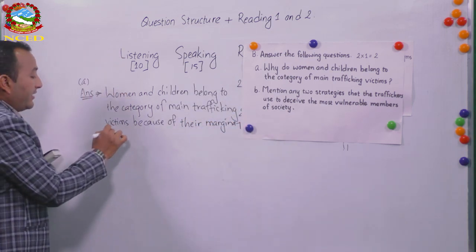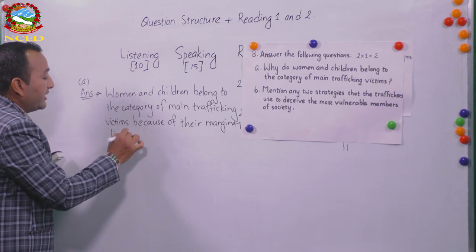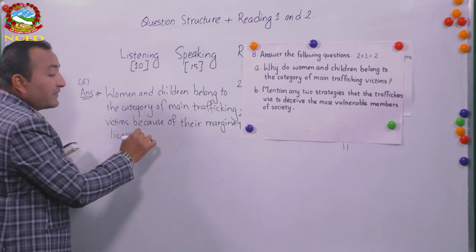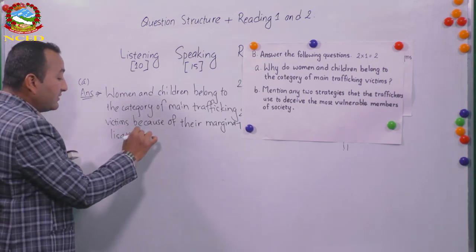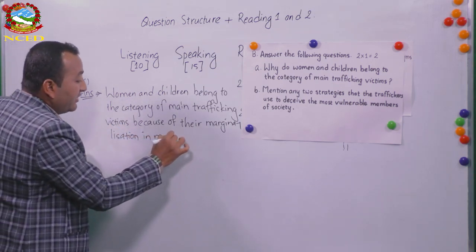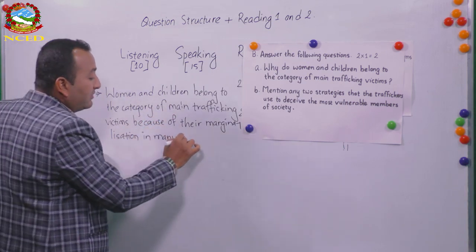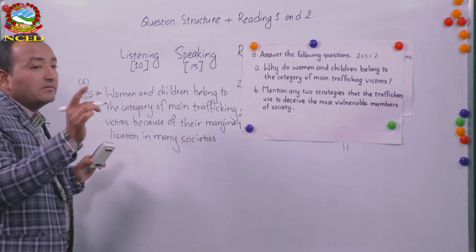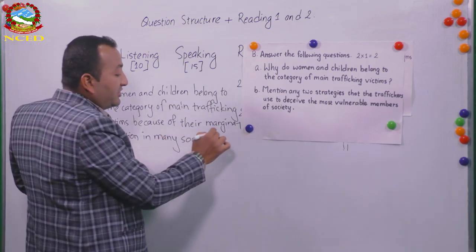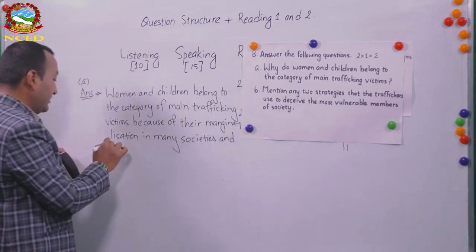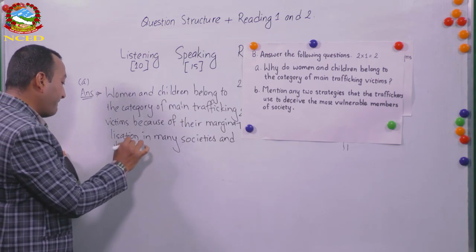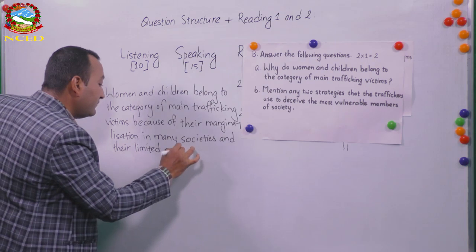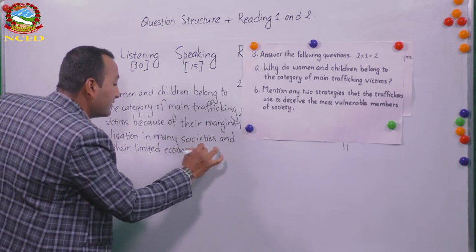You can write marginalization with a Z also. Marginalization in many societies, and what else? You can get the answer in your passage also. In many societies, and their limited economic resources.